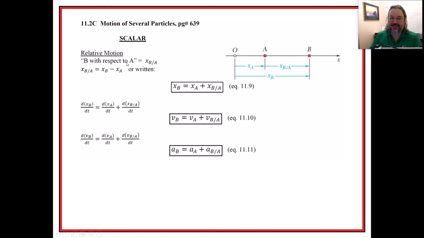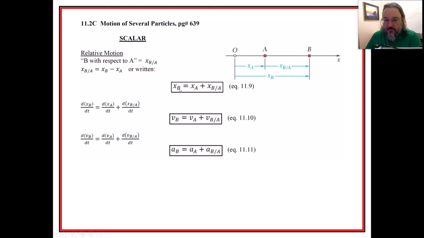We say it as B with respect to A. And if we want to find the position of B and we know the position of A, all we need to do is add the relative position of B with respect to A.